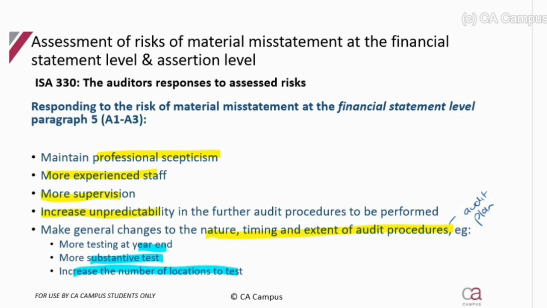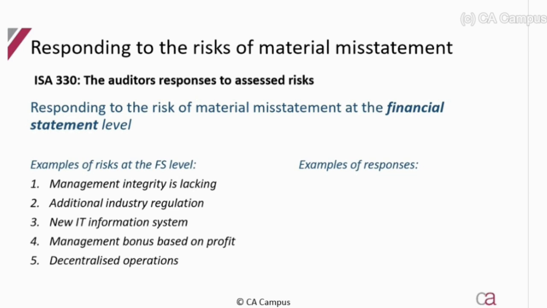Okay, so let's try and do this a bit practically. Let's look at some examples of risks at the financial statement level and then give some examples of responses that could address those risks. Example 1, if management is lacking integrity, it means we think they could misstate anywhere in the financials.